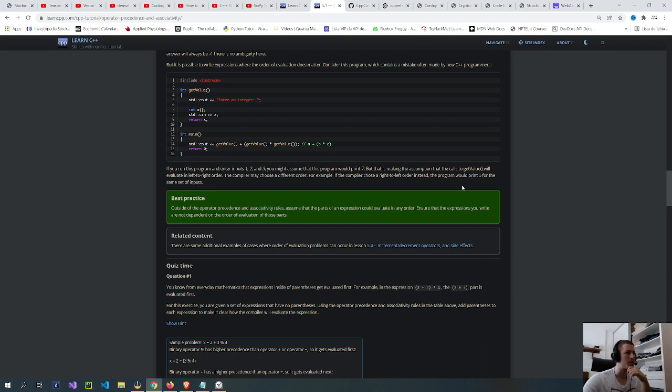But that is making the assumption that the calls to getValue will evaluate in left to right order. The compiler may choose a different order. For example, if the compiler chose a right to left order instead, the program would print 5 for the same set of inputs.